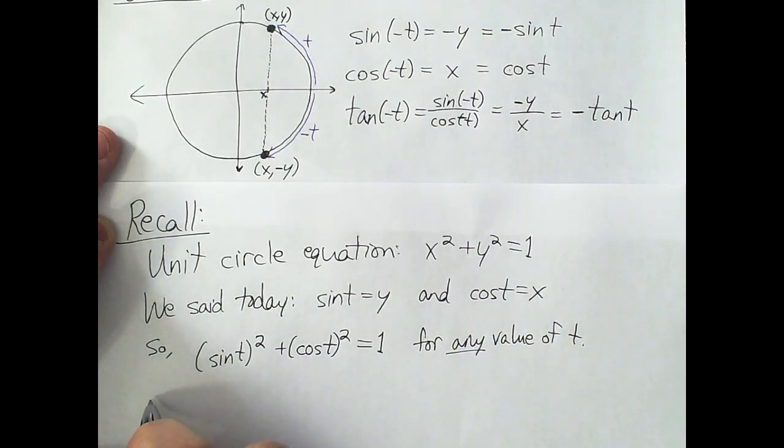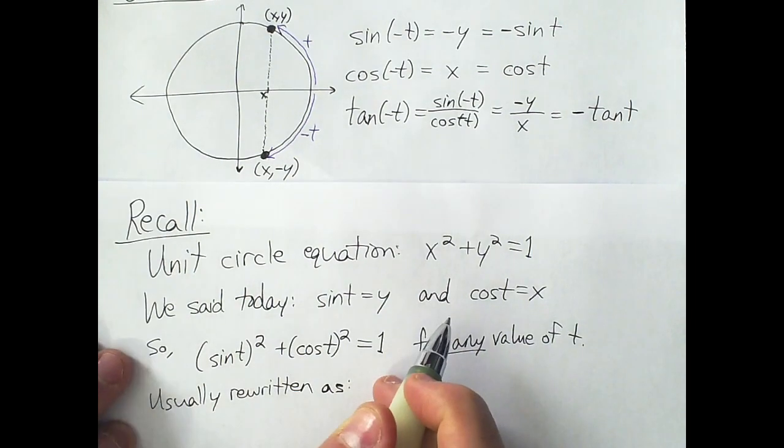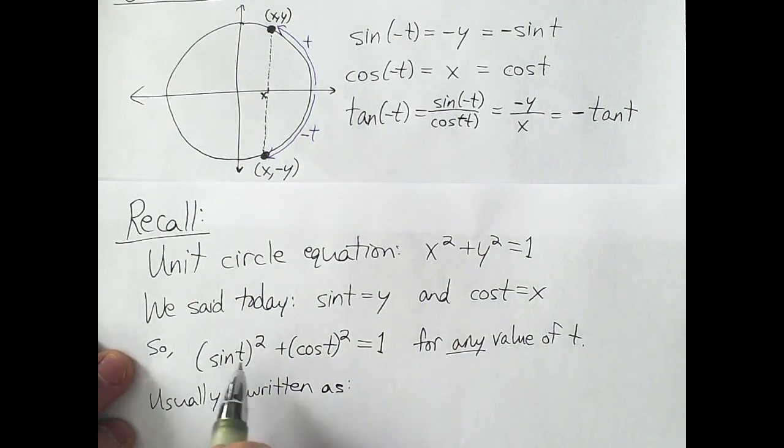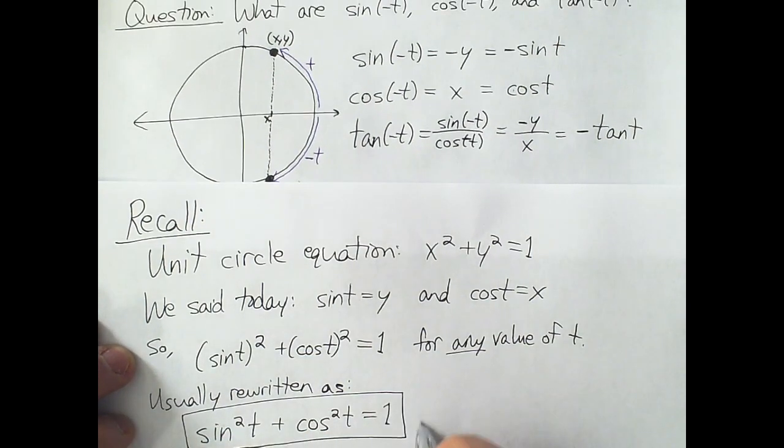And this is usually rewritten with a different notation. Usually instead of sine of t in parentheses squared, we write it as sine squared of t plus cosine squared of t equals 1, for any real number t.